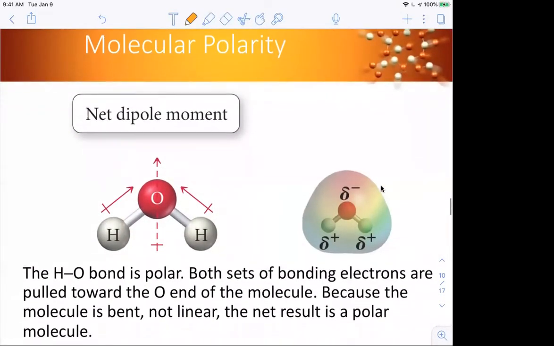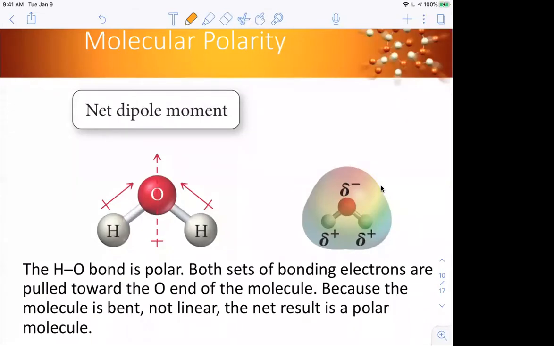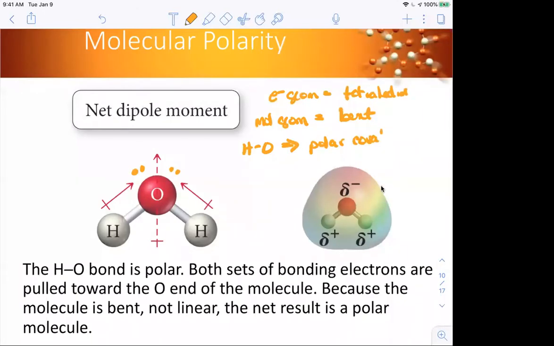When I look at water, water is actually bent. Don't forget I have those 2 electron pairs there. So the electron geometry is tetrahedral. The molecular geometry is going to be bent. Hydrogen-oxygen is a polar covalent bond.